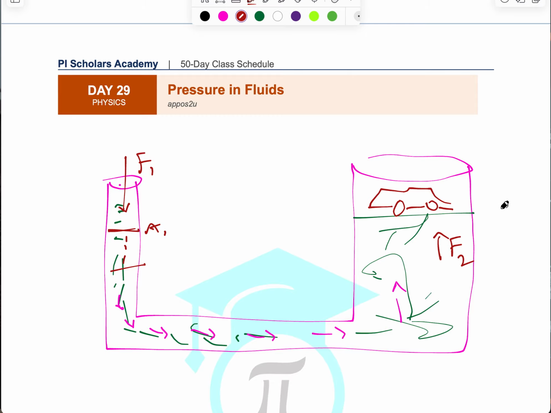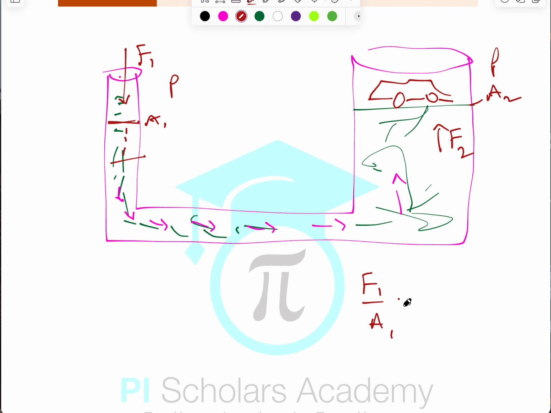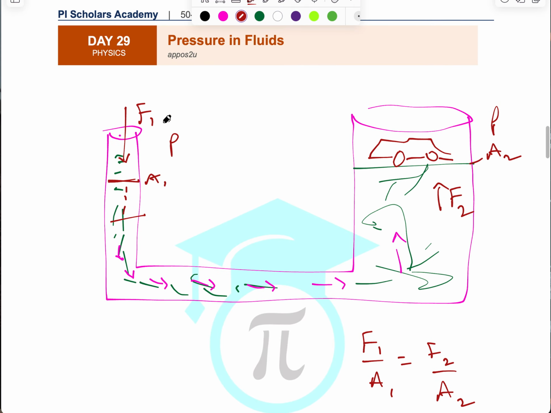But here's the thing. From Pascal's principle, the pressure that you applied here is the same as the pressure that you applied here. So in that case, F1 divided by A1 will be equal to F2 divided by A2. If they are going to give the same pressure, that means the force you're applying here is smaller than the force being applied here. So you have used a smaller force, using Pascal's principle, to generate a bigger force.